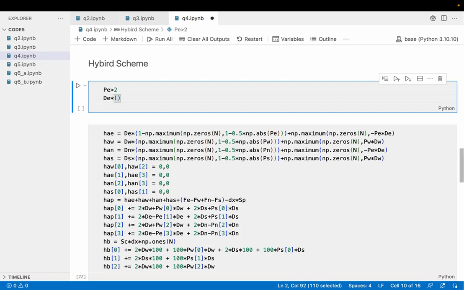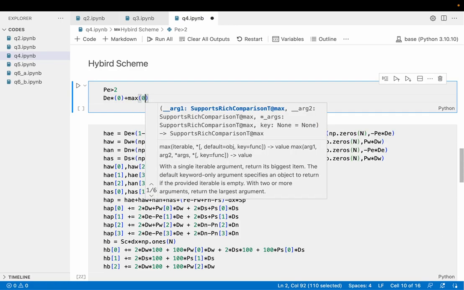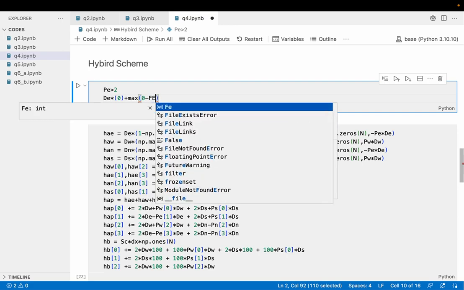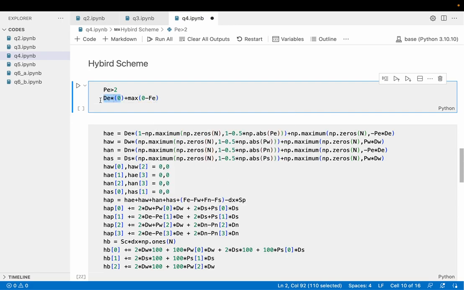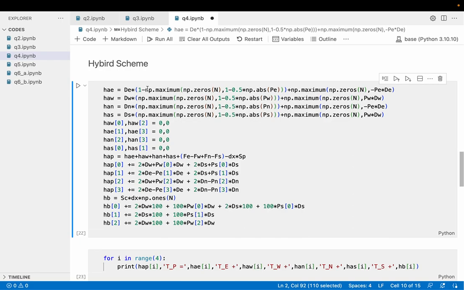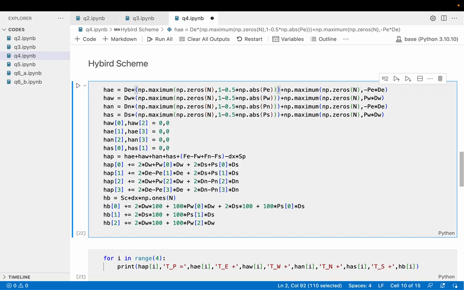So this particular term will be negative, and then you will have a 0 coming up there, and then you have the maximum of 0 comma minus FE. So when you have a higher Peclet number, your diffusion effects are negligible. So you are neglecting your diffusion, and then you are just taking your source, taking your convective terms. Should have one here, or maybe I'll give you the exact expression.